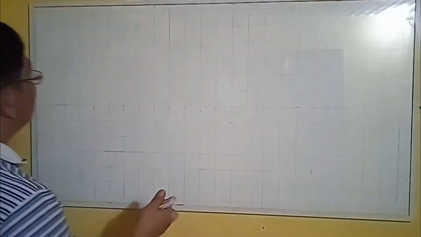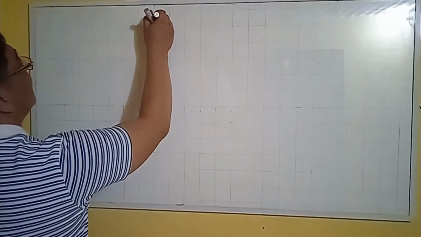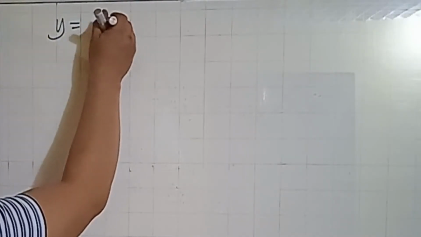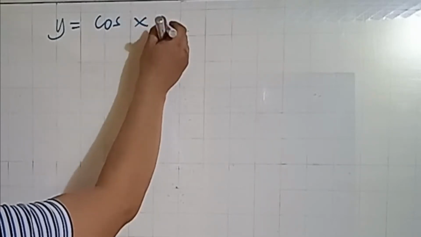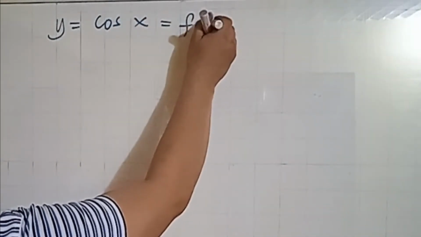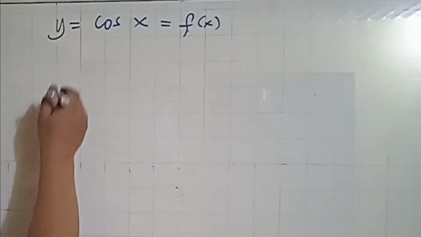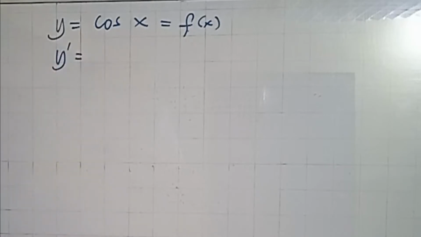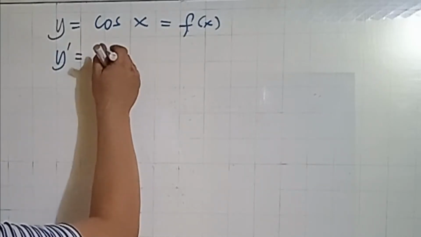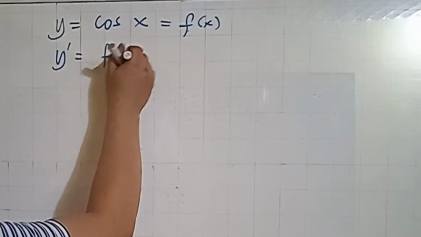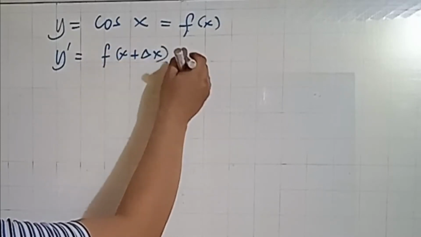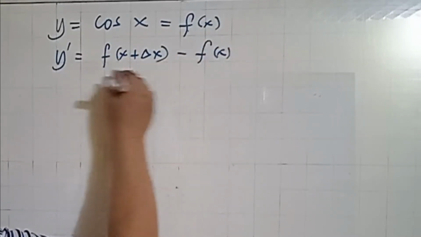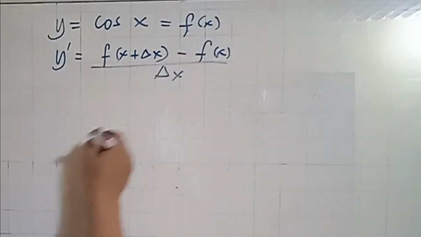So now we are going to find the derivative of cosine x. Now we have our given y is equal to cosine x, and cosine x will be our f of x. Okay, y prime again, y prime is equal to f of x plus delta x minus f of x over delta x.